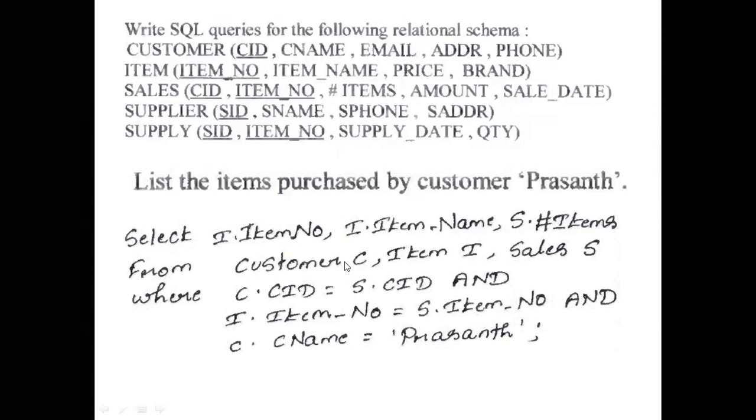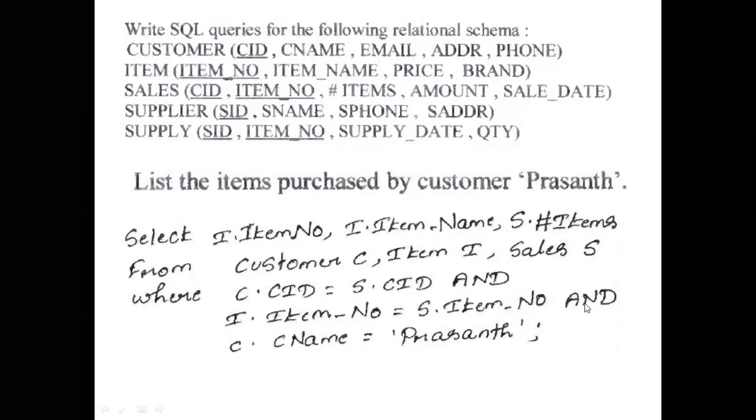From which table? Customer, alias C; item, I; sales, S. So link the customer and sales table using C.CID is equal to S.CID. And you can link the I and S tables using I dot item number is equal to S dot item number.